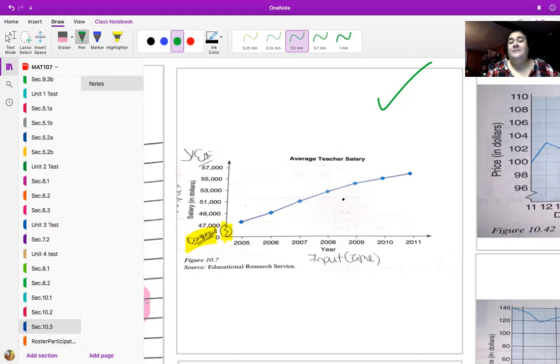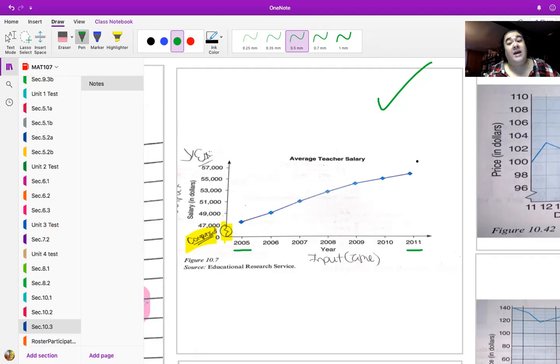So you can see the scale is going up by 2,000 apiece, and they're showing you how the salary has been increasing from the year 2005 to the year 2011. That means in 2005, in this particular school district, the average teacher salary was about 47,000, and in 2011, the average salary for a school teacher is 57,000.